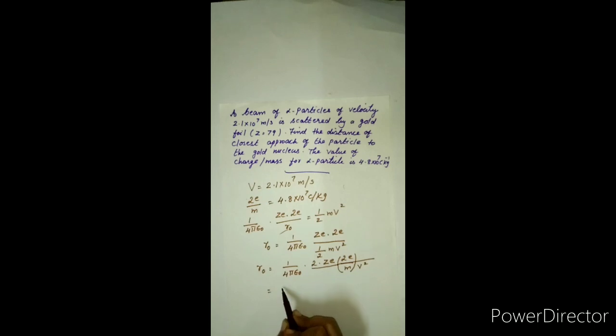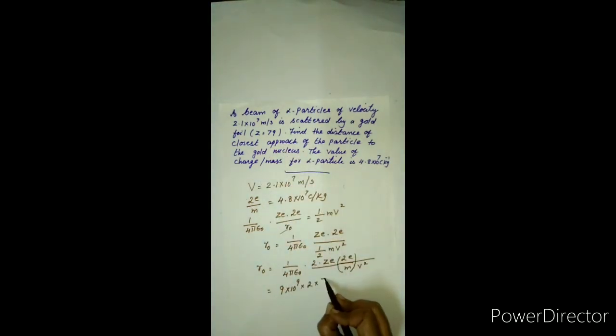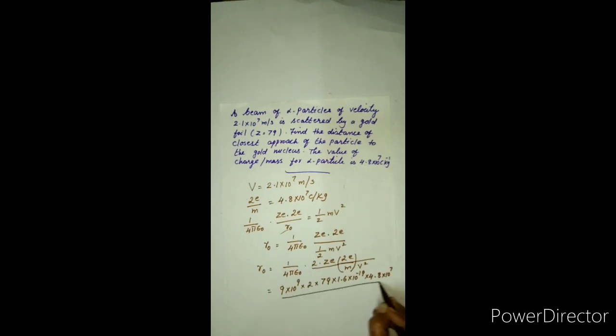What is the 1 by 4 pi epsilon 0? That is 9 into 10 raised to 9, into 2, into, what is the Z? Atomic number of gold atom, that is 79, into e, that is 1.6 into 10 raised to minus 19. What is 2e by m? 2e by m is 4.8 into 10 raised to 7, divided by v square.